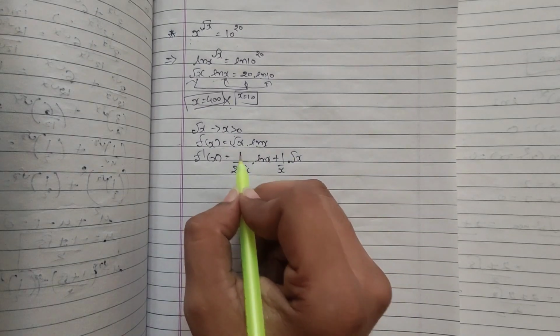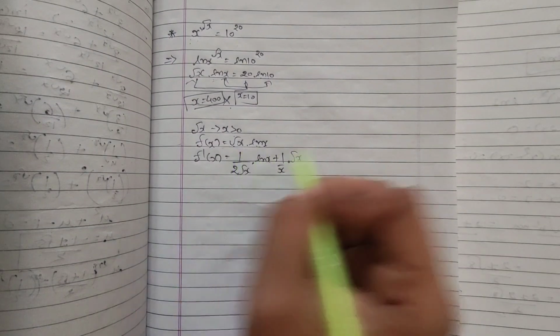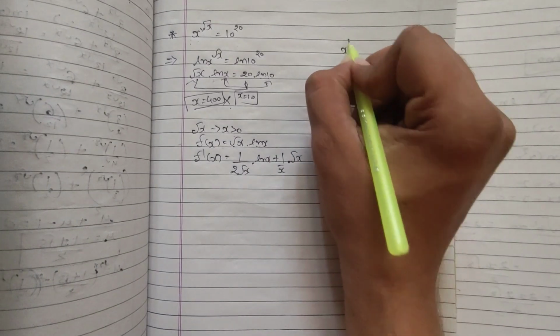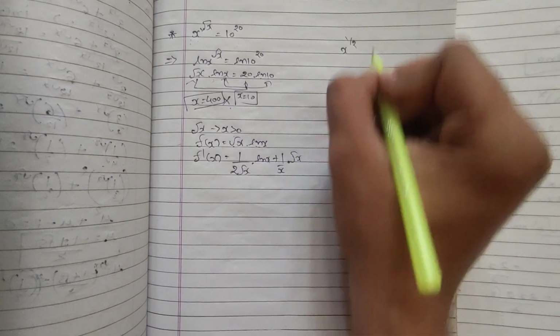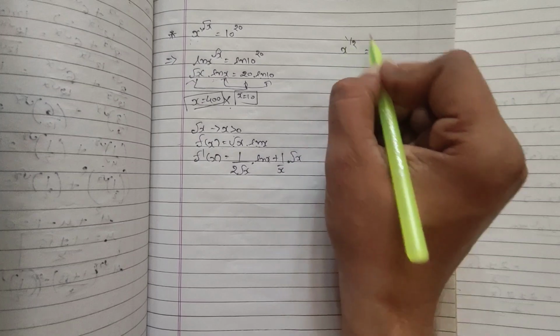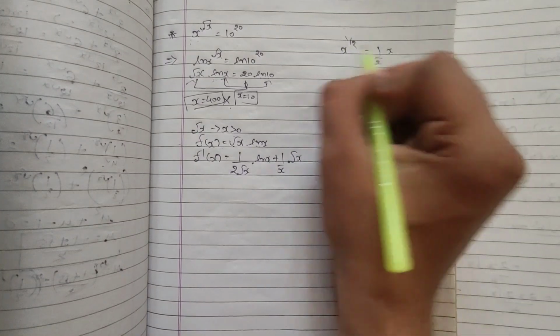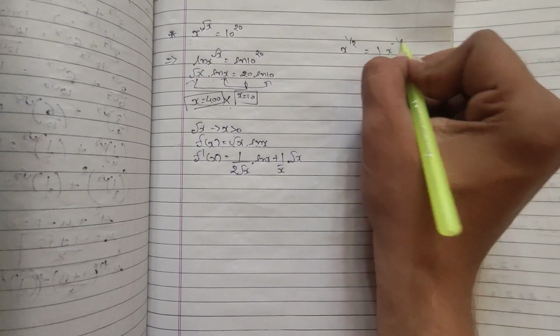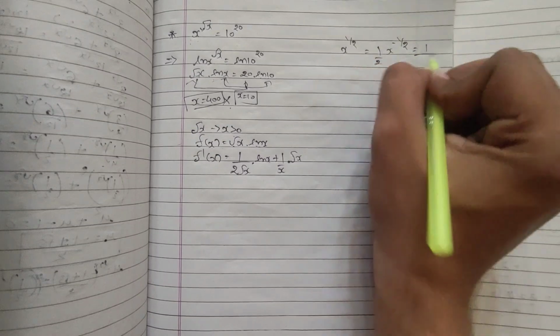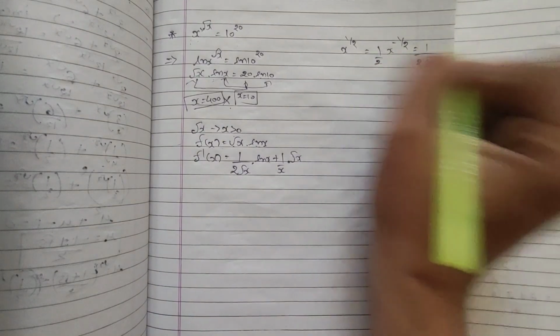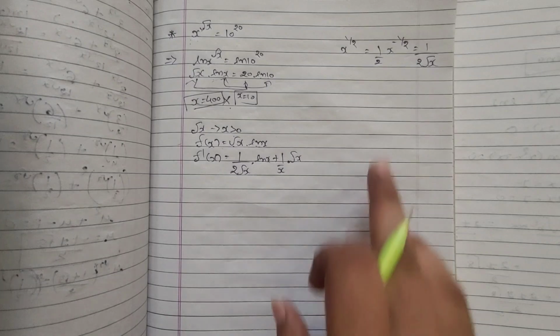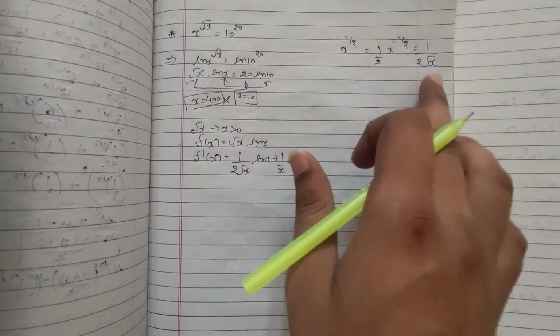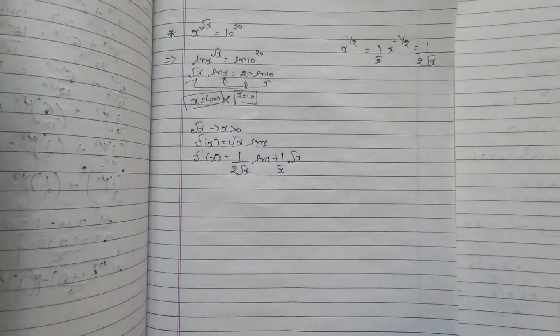I'm sure all of you know how I have done the differentiation of root x. If you don't know, then I can write root x as x raised to 1 by 2. So this power will come here, 1 by 2, and I will subtract 1 from this power, so I will get minus 1 by 2. So I can also write this as 1 divided by 2 root x. That's how I got the differentiation of x^(1/2) equal to 1 by 2 root x.